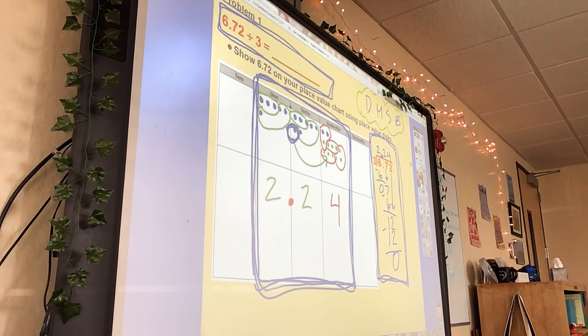So 3 goes into 12 how many times? It's okay. What times 3 equals 12? 4. So put a 4 up here.